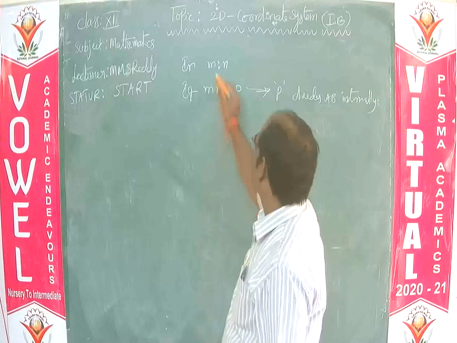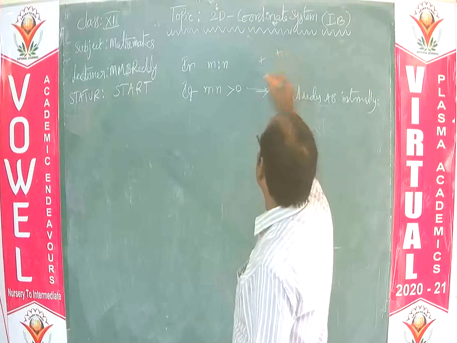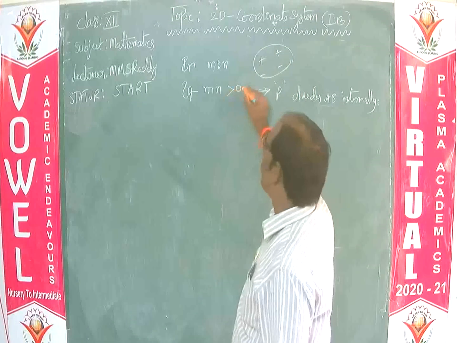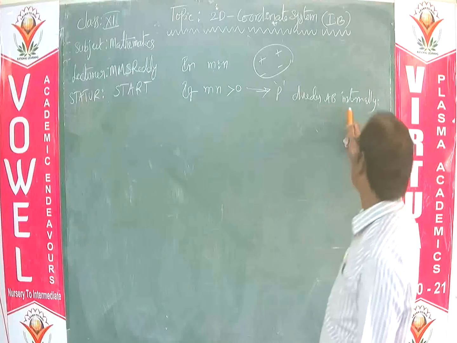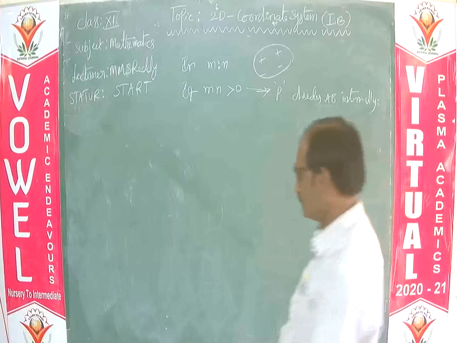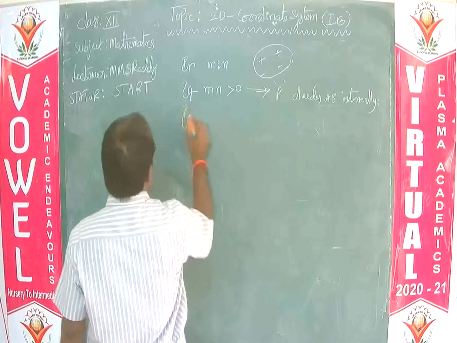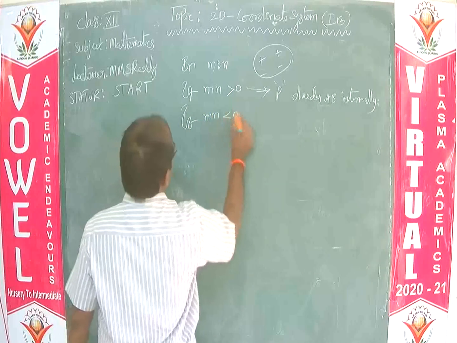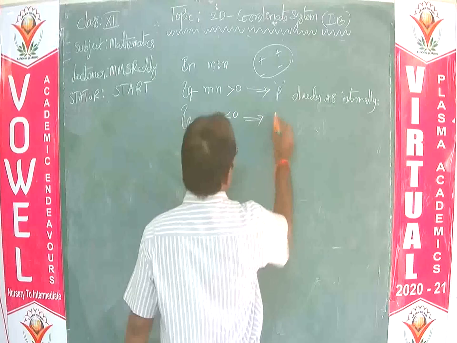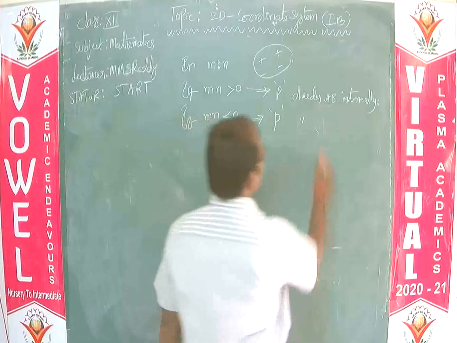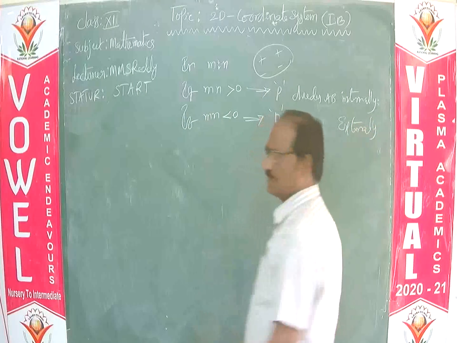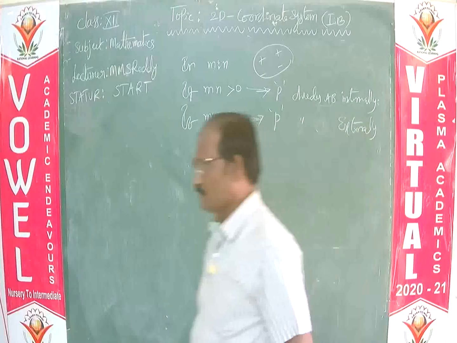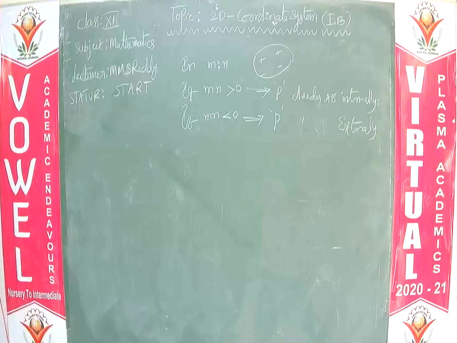Is the point clear? If m and n are both positive or both negative, the product is positive. Hence, the point P divides the line segment AB internally. On the other hand, if mn is less than 0, then we say that the point P divides line segment AB externally. Is the point clear?